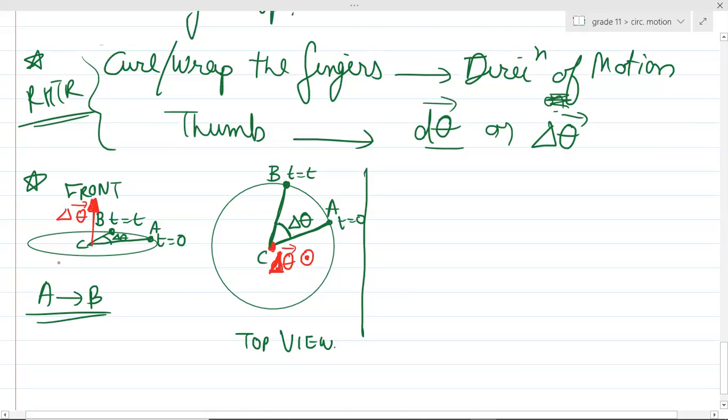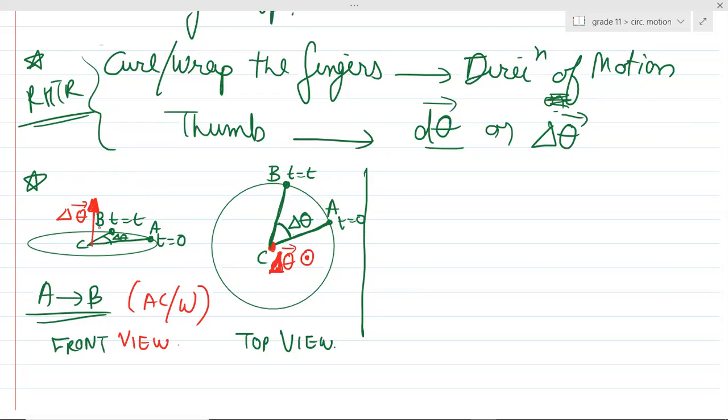Are you getting my point, guys? Since the particle was going anti-clockwise from A to B, when you put your thumb there, the thumb points in the direction perpendicular to the plane. And always, from initial position towards final position you are moving. Is this clear?